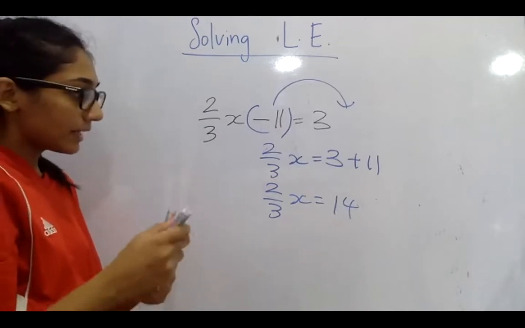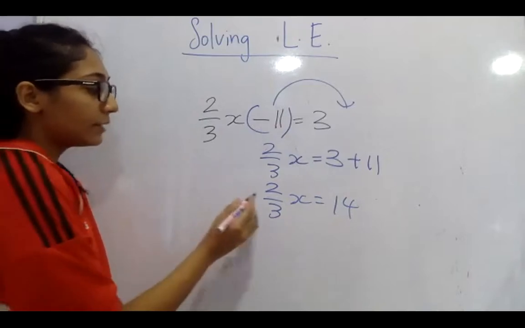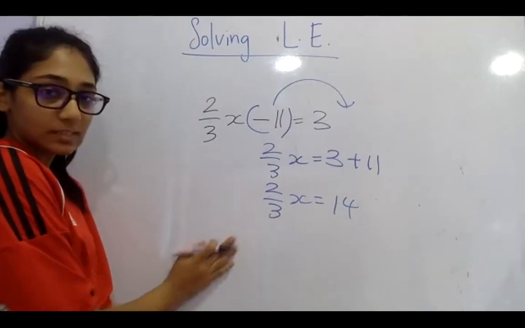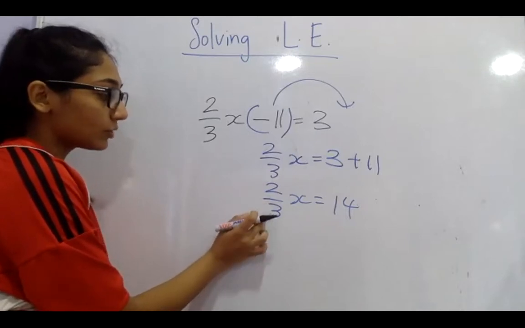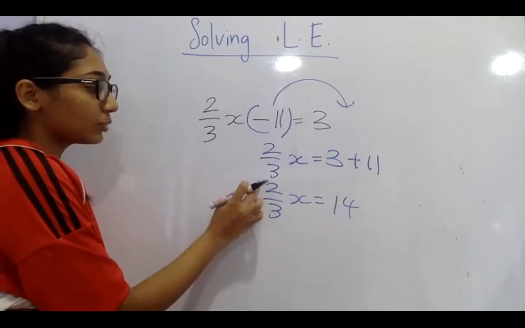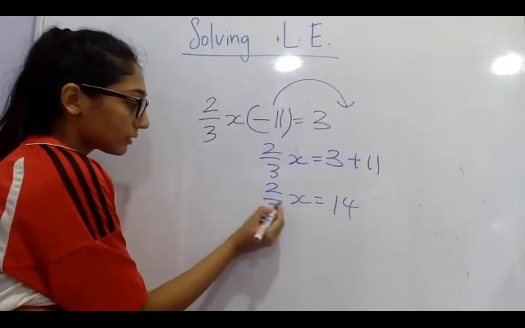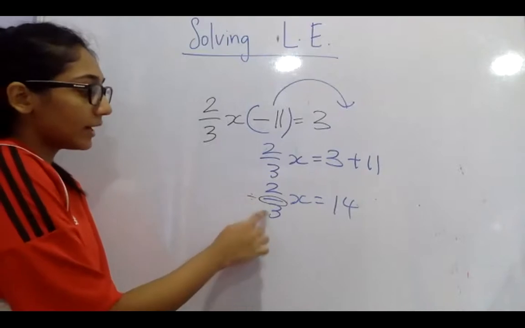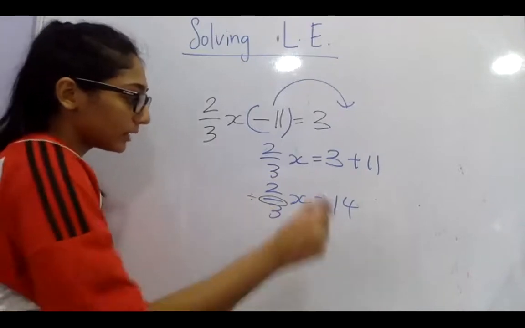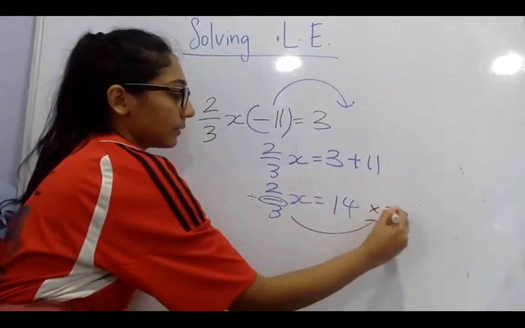Okay, next thing. I remove the number at the bottom first. Now, this is over 3. 2/3 is the same as 2 divided by 3. So this thing here is divide. If it's divide 3, I bring over will be times 3.